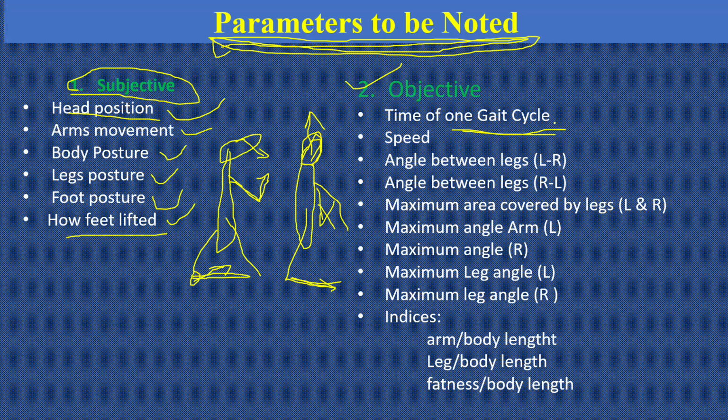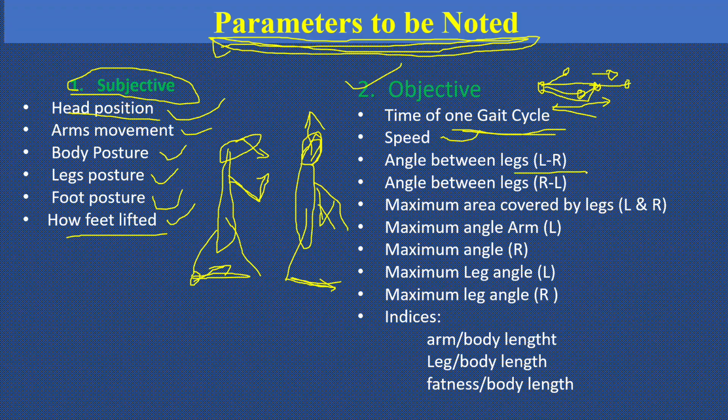One gait cycle is from the initial position to the completion of one cycle. Suppose one foot is here, the second foot stands here, and again it comes back to the initial position. So this may be one gait cycle. So time is very important. Speed is also important, as is the angle between the legs.